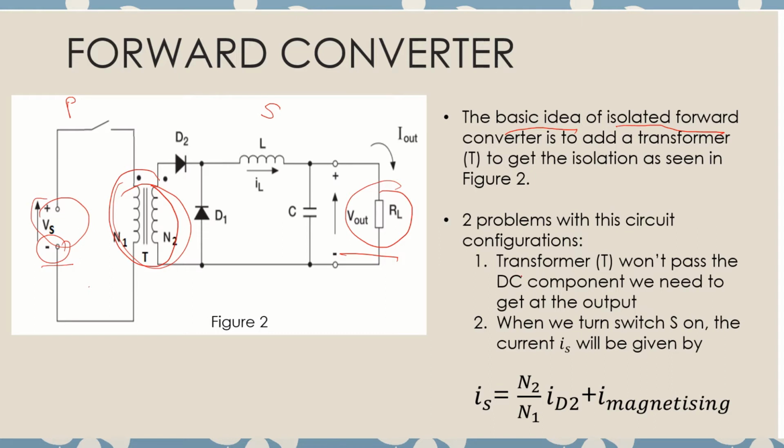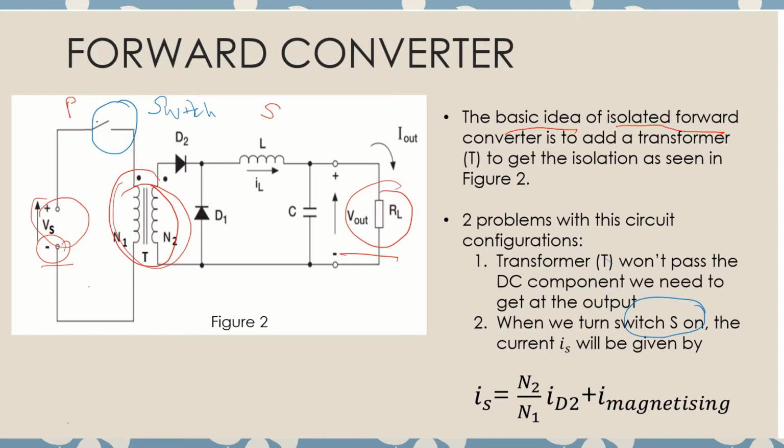The first problem: the transformer will not pass the DC component. We're going to have a look. For example, we have a switch S. This is what we mean by when the switch is on.